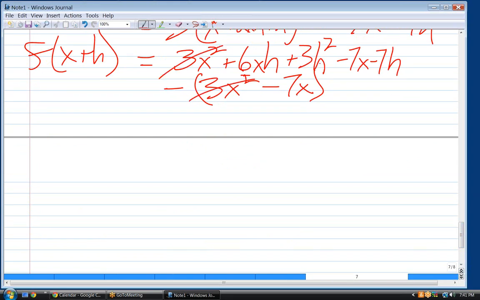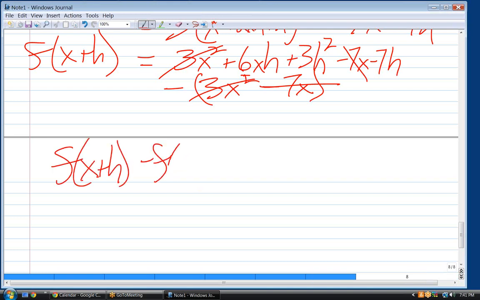The only terms that stay are the terms that have h in them, every time, no matter what the function is. Every term that doesn't have h is going to disappear. So what are we left with in the numerator? In other words, what is f of x plus h minus f of x equal to?